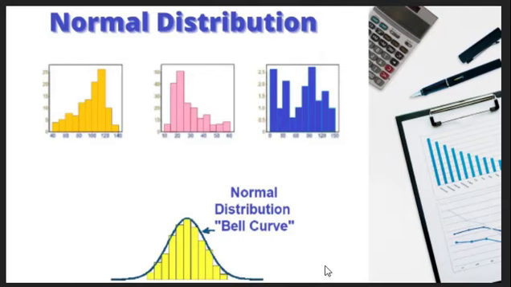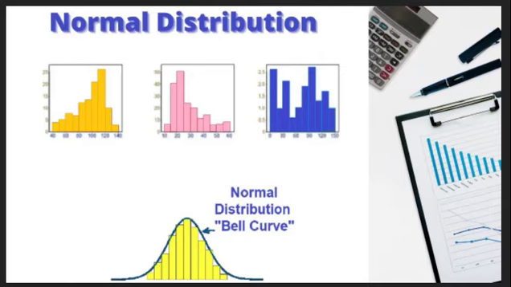The reason it's called a bell curve is that if you simply draw a line on this one, it looks like a bell in a temple. That is the reason it's called the bell curve. If the observations follow this bell curve distribution, then we have a normal distribution.